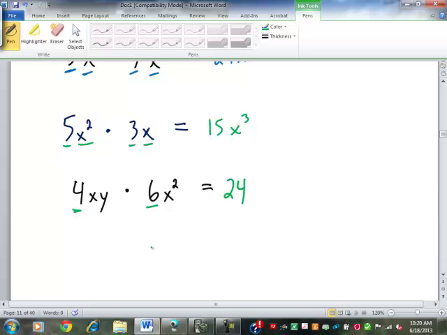Now to combine the names, xy times x squared, we have to do a little bit of moving around. Just like we did kind of with those negatives, we took 5 times negative 3 and we turned it into negative 3 times 5. We can move this around as well. We can take the x and the x squared and combine them together to get x to the third, x cubed, and then the y doesn't change.